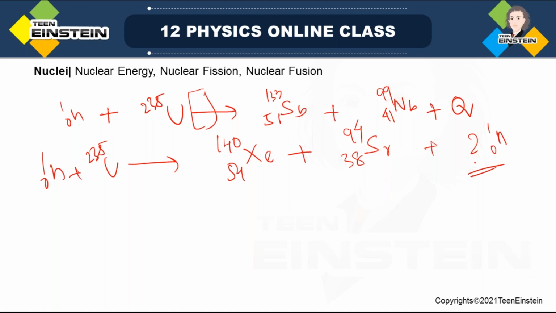Okay, so these are a few examples of fission reaction. And look here, in this case there will be energy released in the mega volt order.